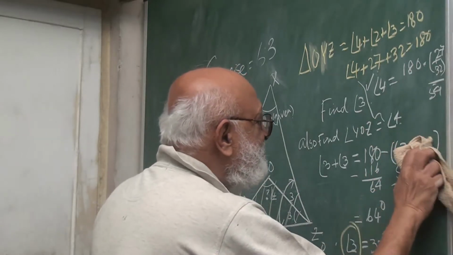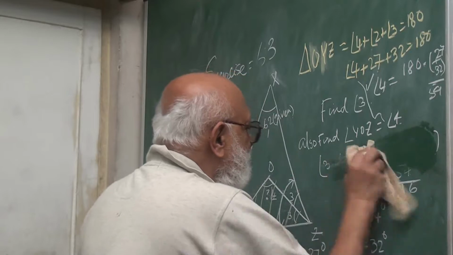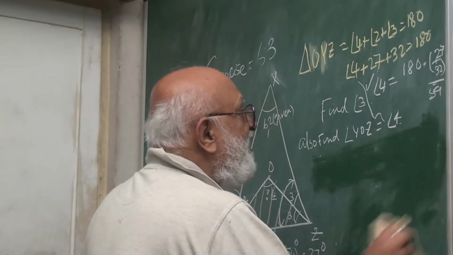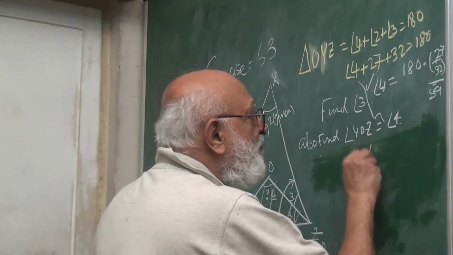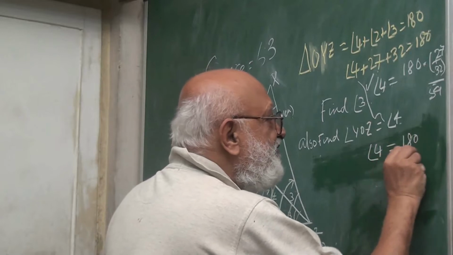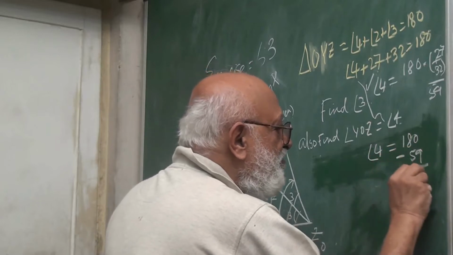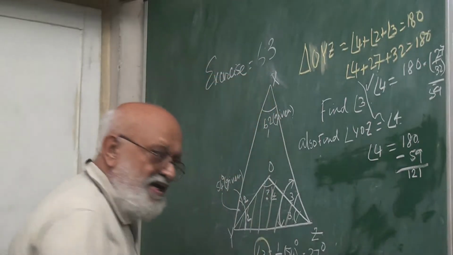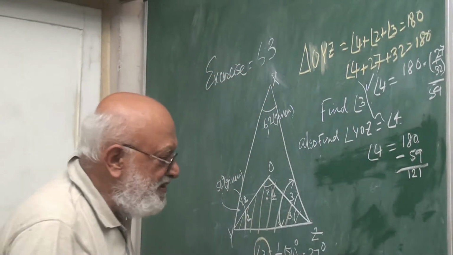I don't need this thing anymore because I have already transferred the data. So angle 4 is equal to 180 minus 59, that is equal to 121. So I have got this one as 121. Okay, it's done.